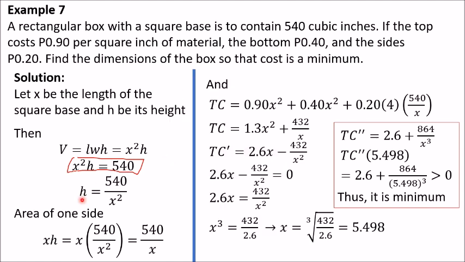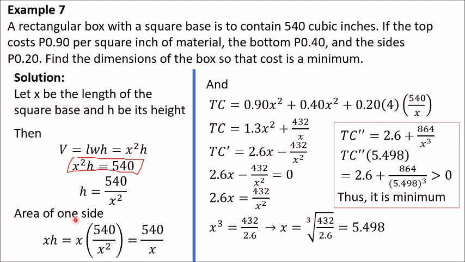Ayan. Now, the area of one side of the box, kasi alam na natin, no, yung area ng bottom, kasi square nga yon, x square yon. Ito, x square times height. So, x squared there is the area of the bottom of the box.